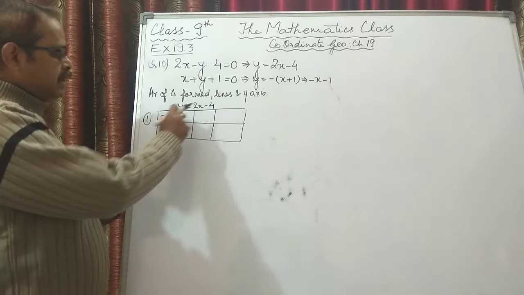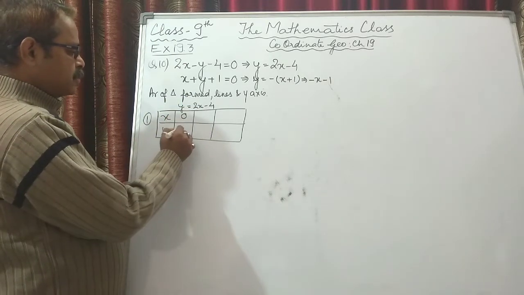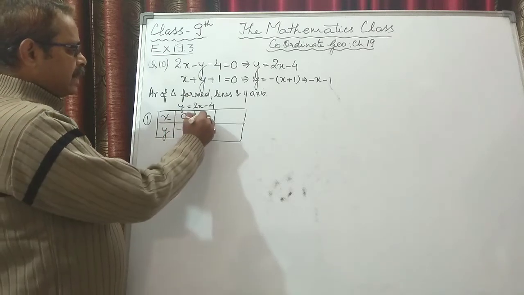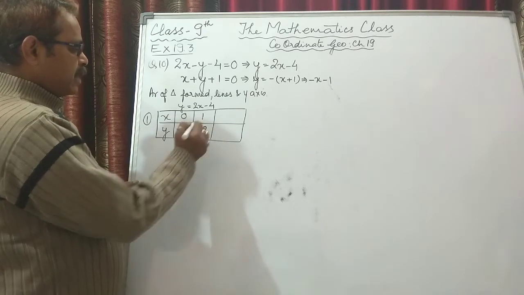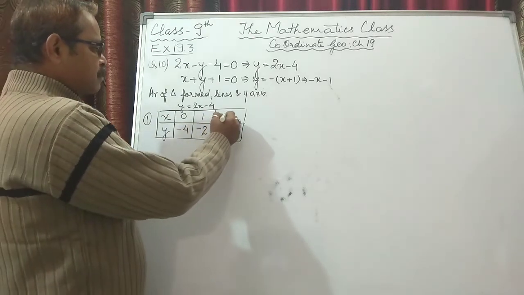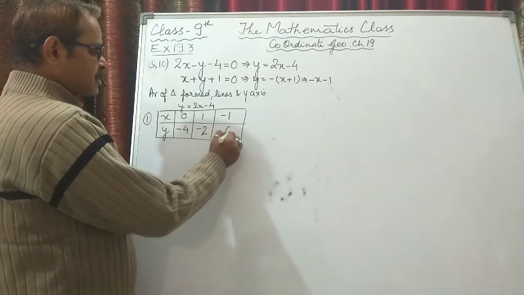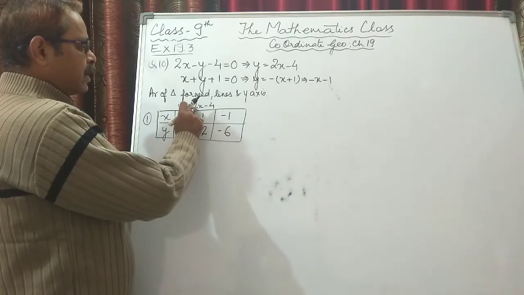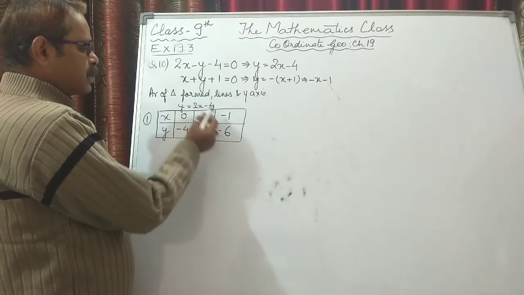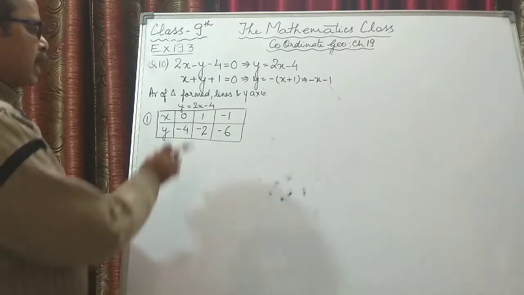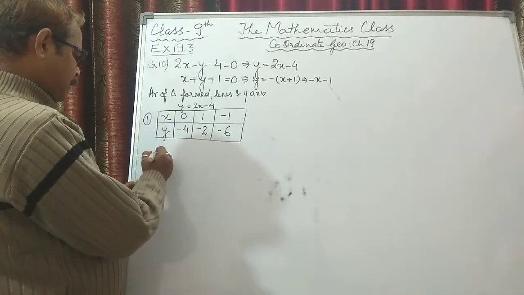If I take x as 0, then 0 minus 4 is minus 4. If I take x as 1, 2 minus 4 is minus 2. And if I take x as minus 1, 2 into minus 1 is minus 2, and minus 4 is minus 6. So these are the values of x and y for the first equation.